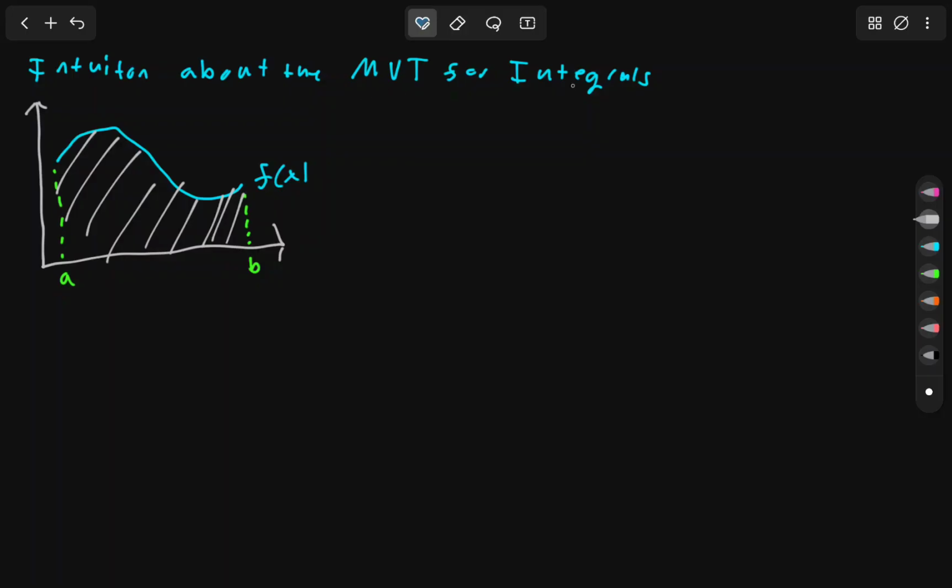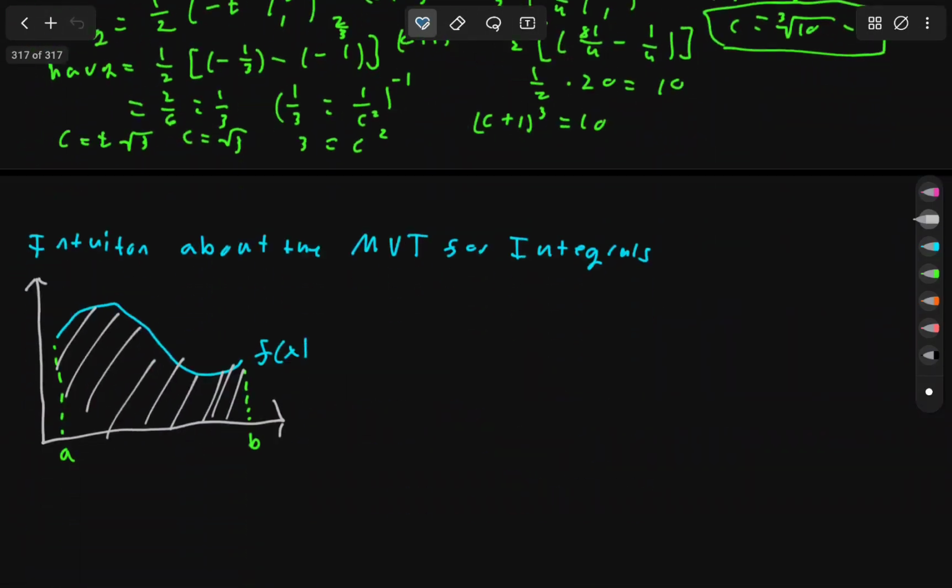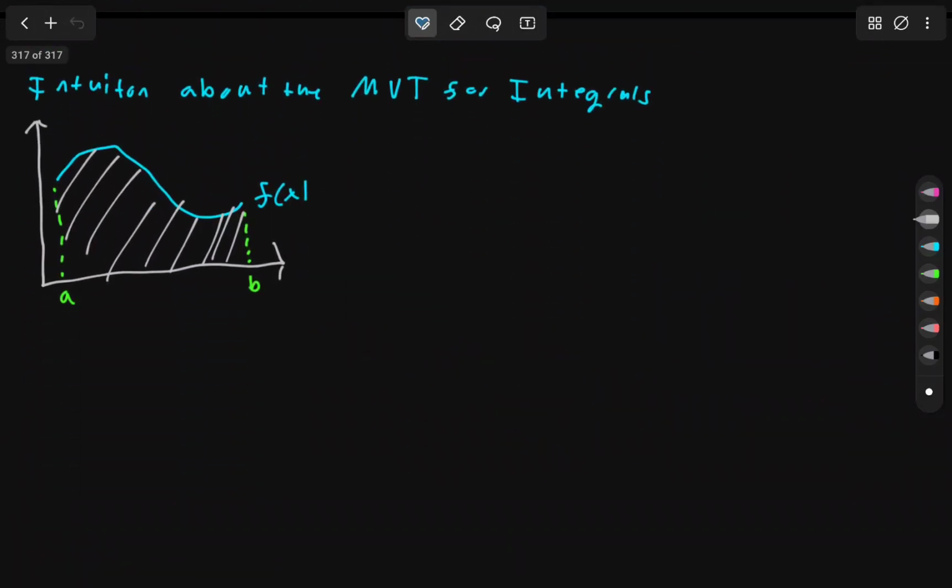Well, what the mean value theorem for integrals says, which is what we were talking about up there, is that there must be a value where, let's say there's a rectangle, and let's call this value h, where h times b minus a, because that's the width of the interval, is equal to the entire area under the curve.